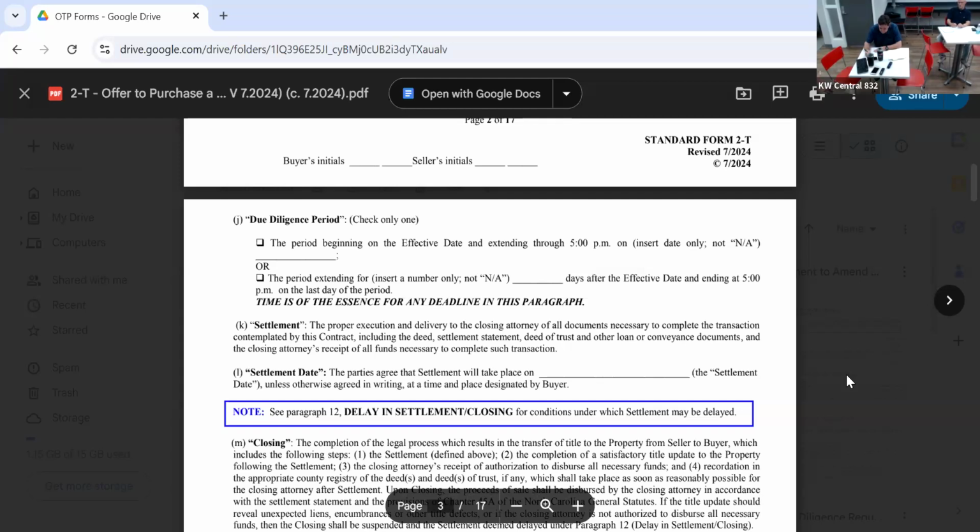So whatever is in there, I should be able to look at the calendar and say, okay, 21 days here, and then 7 days here, I'm going to count 28 days from the effective date, and that's what that date is.